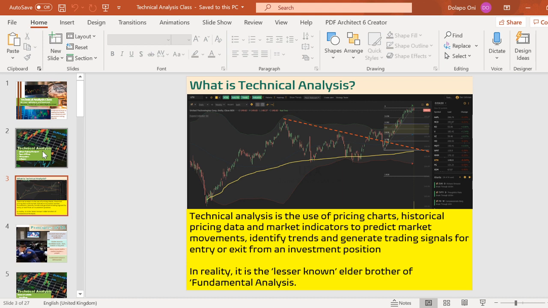So, really, technical analysis is you trying to use the pricing charts that you can see for a particular asset, the historical pricing data that is available for that asset, and then various market indicators that are provided by trading platforms to understand the direction of the market for that asset, identify the trends that are present in that particular price chart, that gives you a very clear signal of when to enter into that asset or when to exit from that asset.